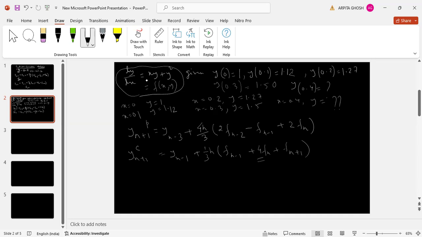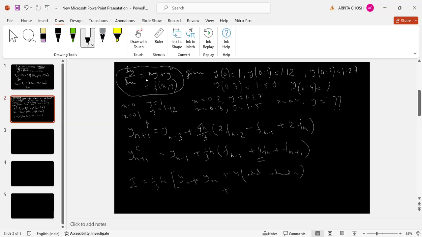That comes in Simpson's 1/3 rule. Since 1/3 is there and 4 times, it is Simpson's 1/3 rule. Do you remember Simpson's 1/3 rule? I was equal to 1/3 h into first ordinate plus last ordinate plus 4 times odd ordinates, that is y(n-1), y(n-3), y(n-5), etc. Plus what?